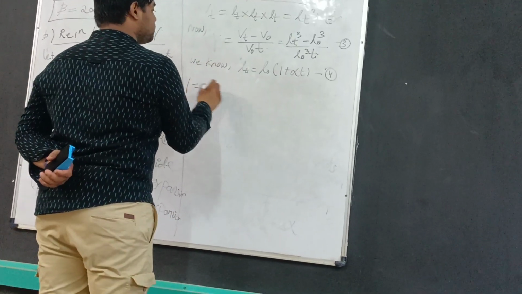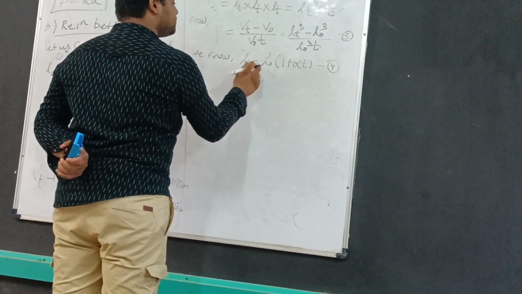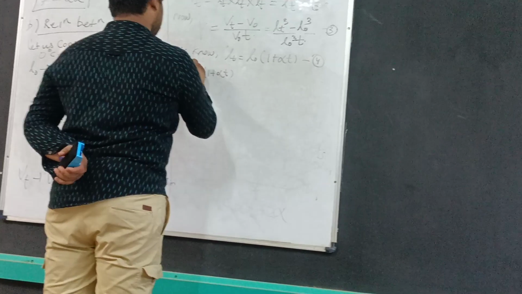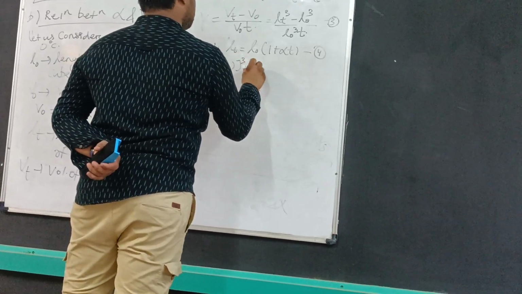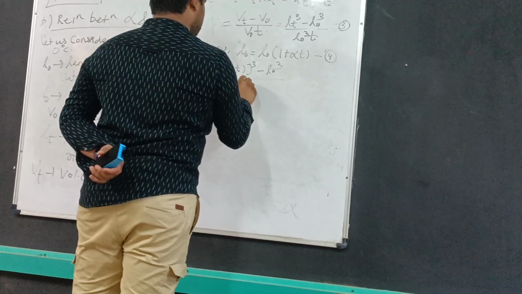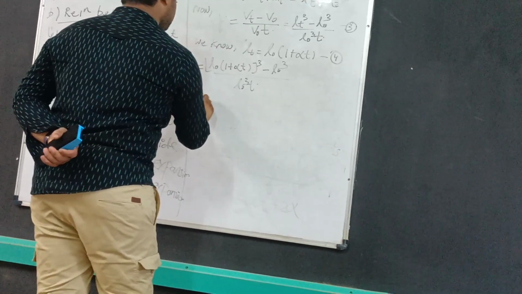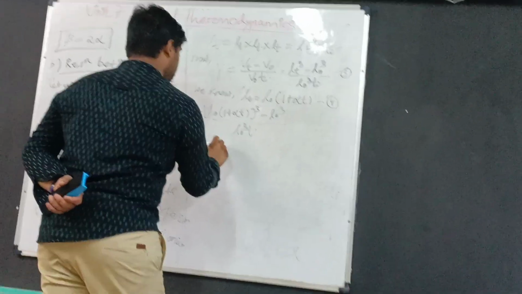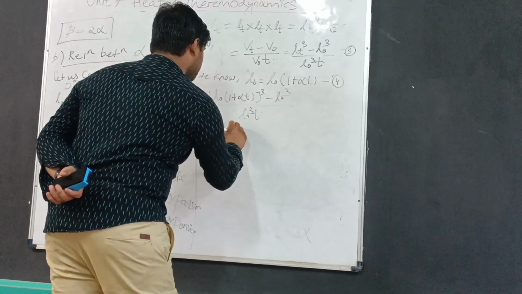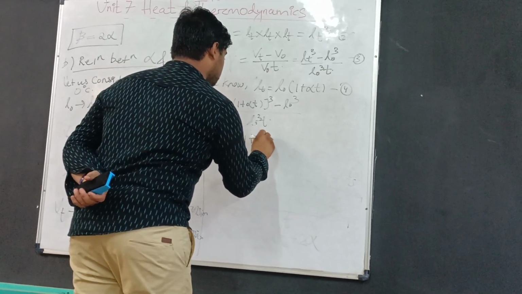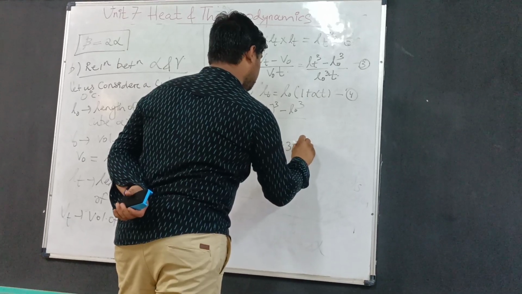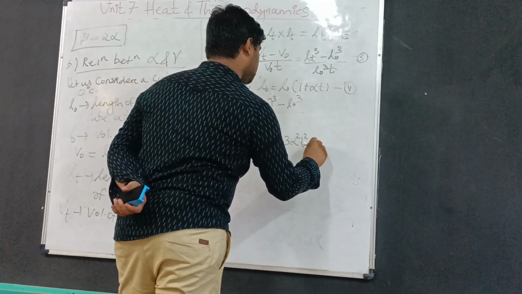Now the equation will become L0 cube (1 plus alpha T) cube minus L0 cube divided by L0 cube T. This is of the form of (a plus b) whole cube, so this will be 1 plus alpha cube t cube plus 3 alpha square t square plus 3 alpha t.